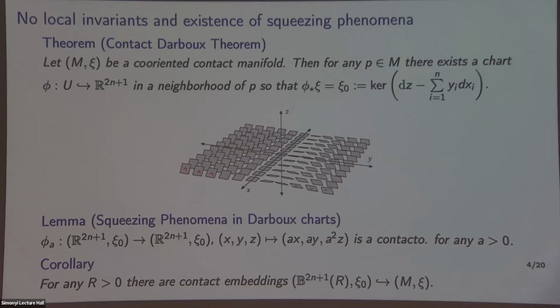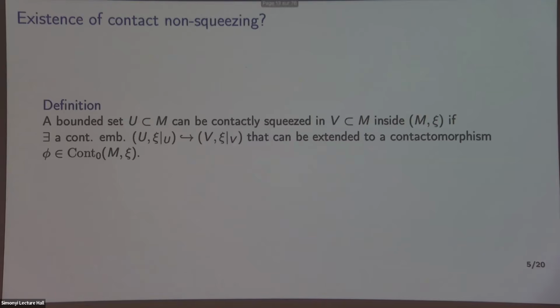So if we want to extract global invariant quantities, or to expect some non-squeezing phenomena, we have to be a bit more careful about how we define non-squeezing. Here what I define is not non-squeezing, it's more like squeezing.